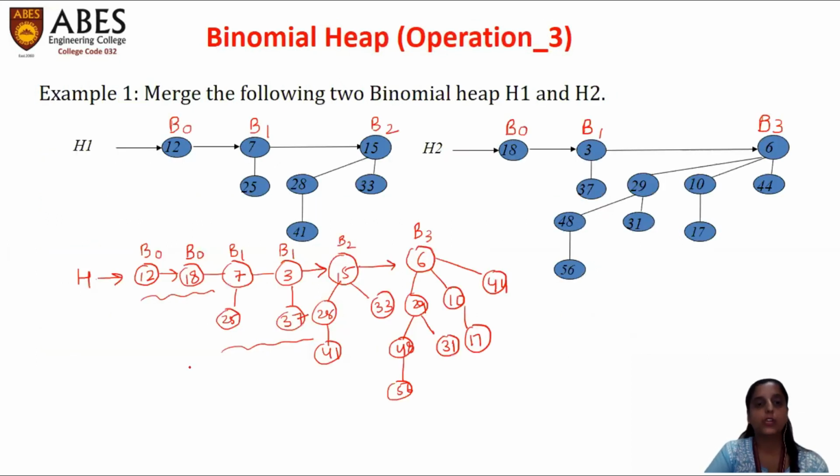Right. So let's take one very simple case. See, if we are starting our operation from here, then this becomes my x, this becomes my next x, and this becomes sibling of next x.